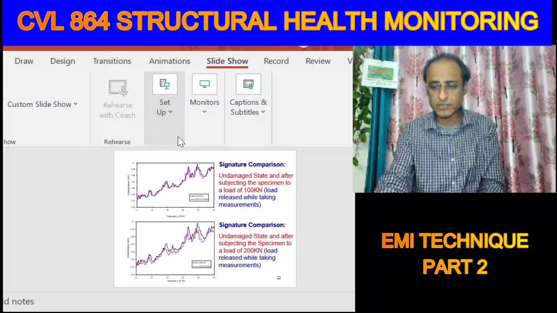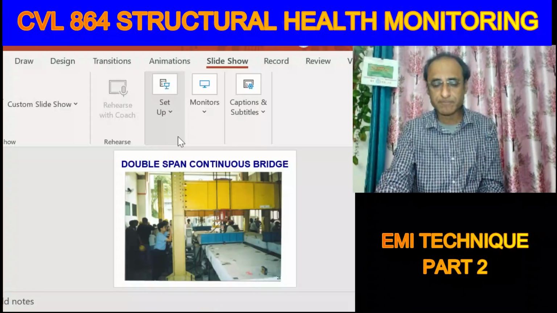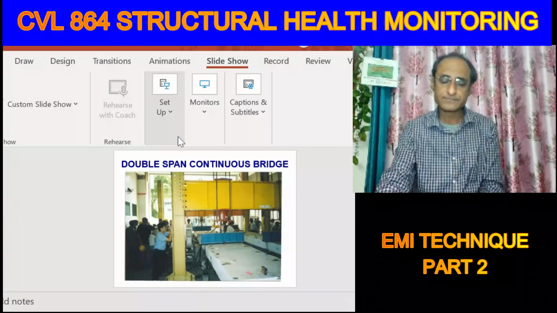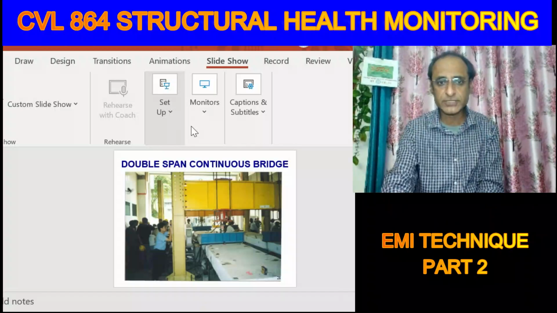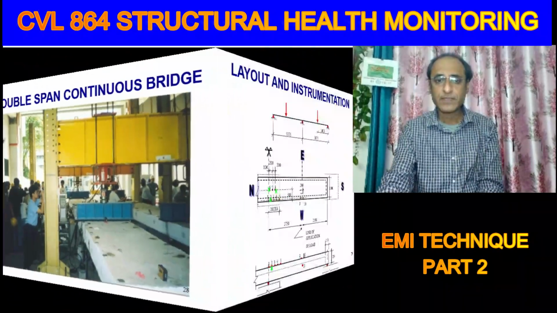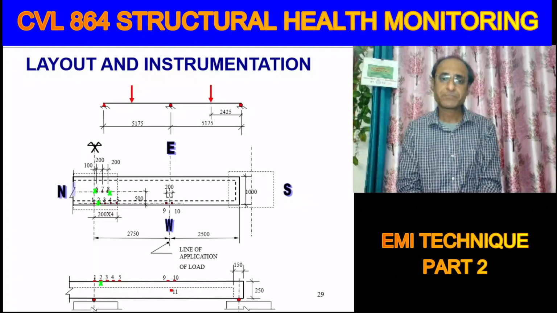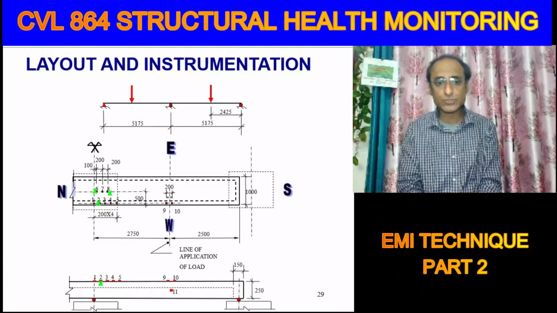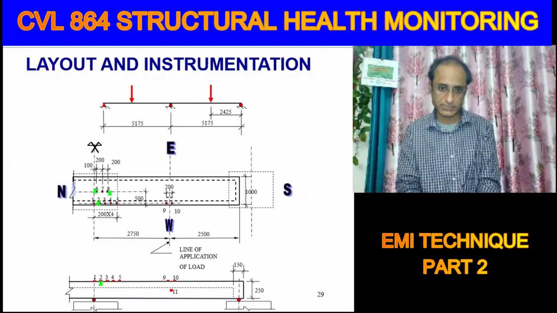After this, we also went on to tests on prototype structures of a scaled model of a bridge, and here we could see that the piezos have a zone of influence in the case of the reinforced concrete. Zone of influence means that every patch has an area of radius, say maximum 100 to 200 millimeters, and within that zone it identifies the occurrence of cracks, but beyond that zone its influence is not there.